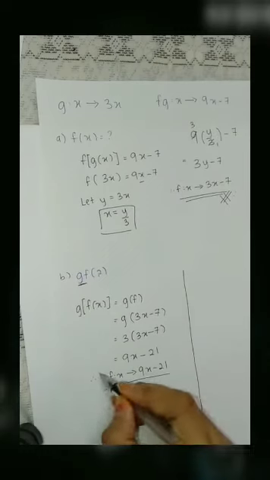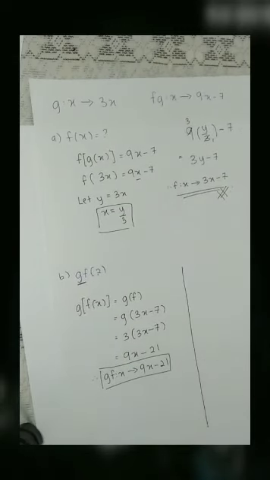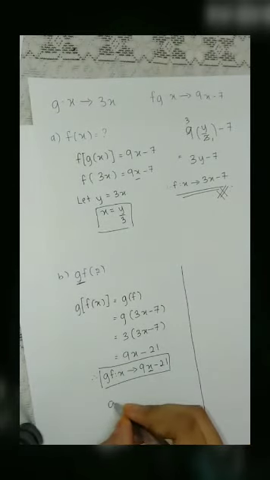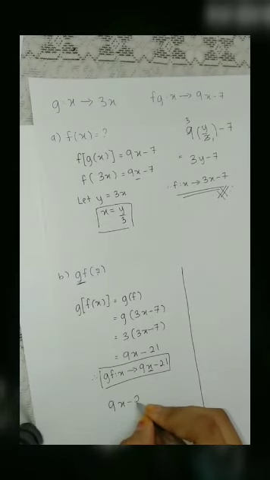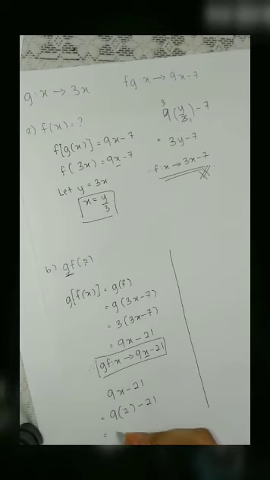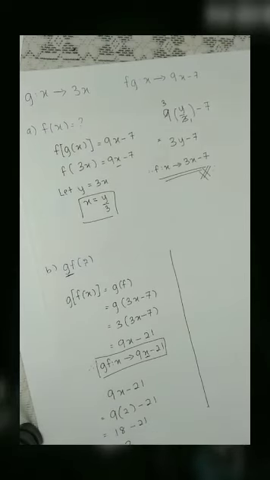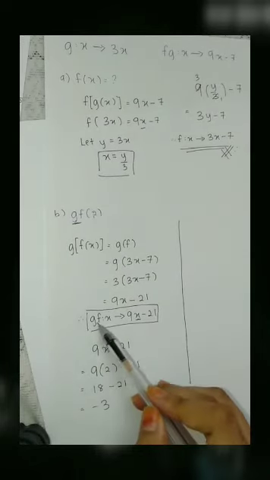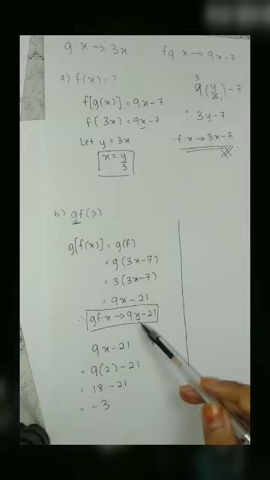So this is the function of gf, and we substitute 2 into x. So 9x minus 21 equals 9 times 2 minus 21. So 9 times 2 is 18, minus 21 equals minus 3. So this is the first method: find the function of gf first and then substitute 2 into x.